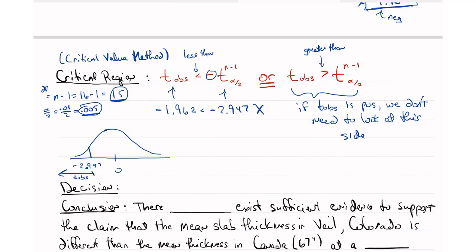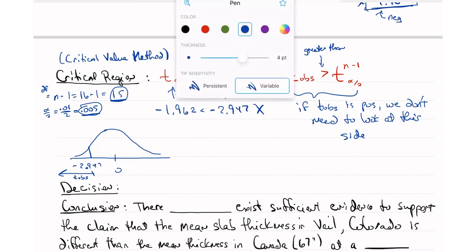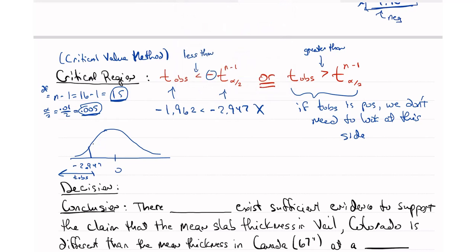Negative 1.962 would be, say, over here. Let me change colors and say it would be like right here, negative 1.962. So it's not smaller. Smaller is down here on this side.